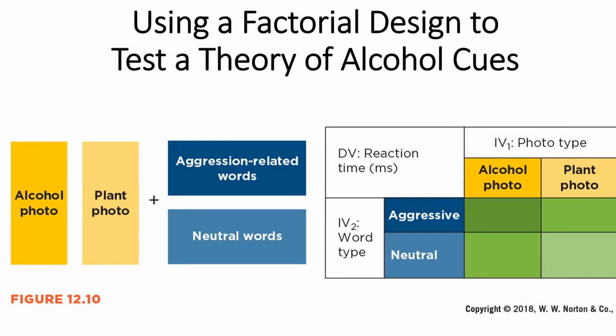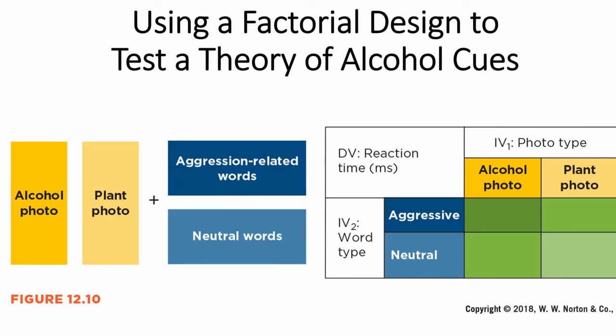Some of the words were aggression related and some of them were neutral. Before they were shown each string of letters, participants would be briefly primed with a photo on the screen. Sometimes the photo would be related to alcohol, and other times it would be a neutral photo, something like a plant.